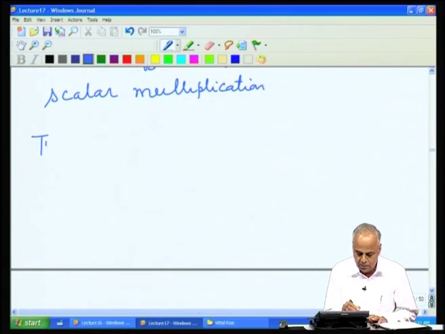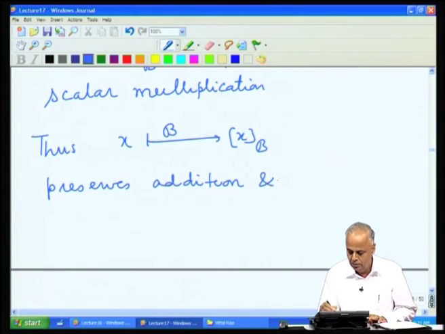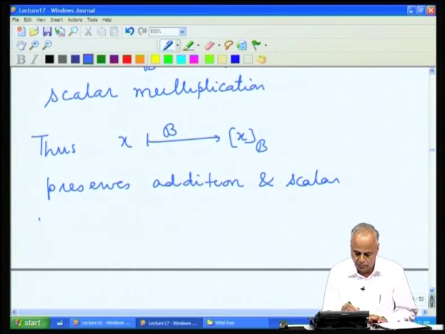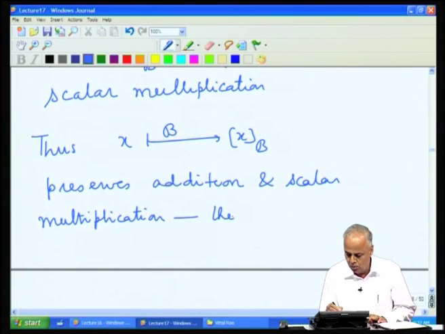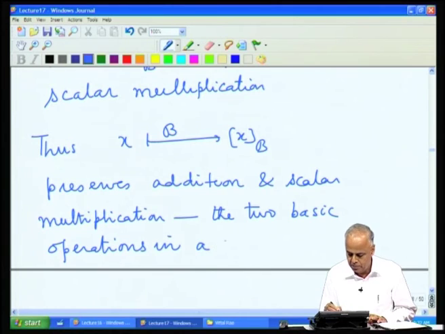So, thus x to xb through the basis B preserves addition and scalar multiplication, the two basic operations in a vector space.